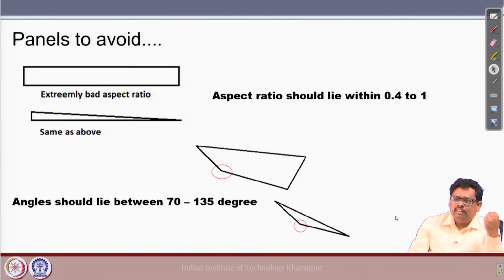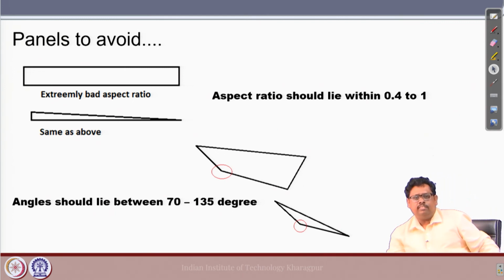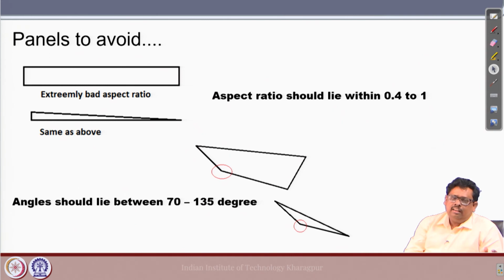I do not say there is some theory associated with this, of course, but when you are using some software like Wamit or Moses, or other software, you need to take care of your aspect ratio. You will get better results if you maintain the aspect ratio between 0.4 and 1, and for the quadrilateral panel, this angle should be between 70 and 135 degrees. If you maintain this, then definitely the quality of the result would be good.